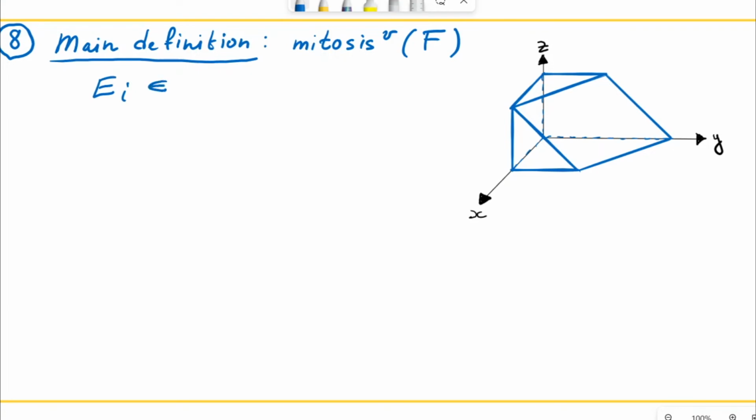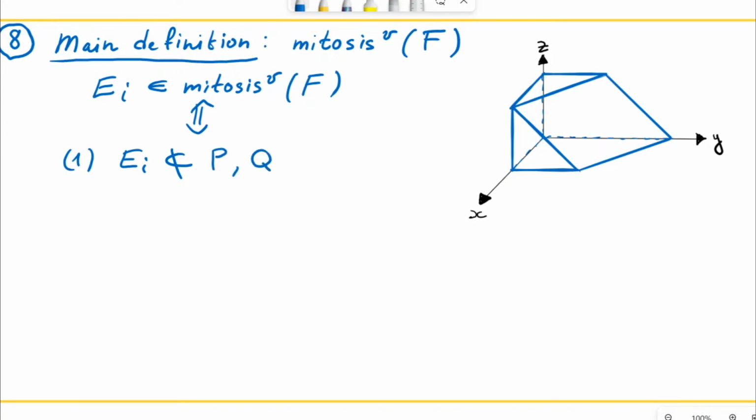So I will define the set mitosis V of F by 3 conditions. So the face Ei belongs to this set if and only if the following 3 conditions are satisfied. And again, all faces that will appear in this definition should contain the vertex V, which I fixed from the very beginning. The only exception is the face Q, which obviously couldn't contain a vertex from P.